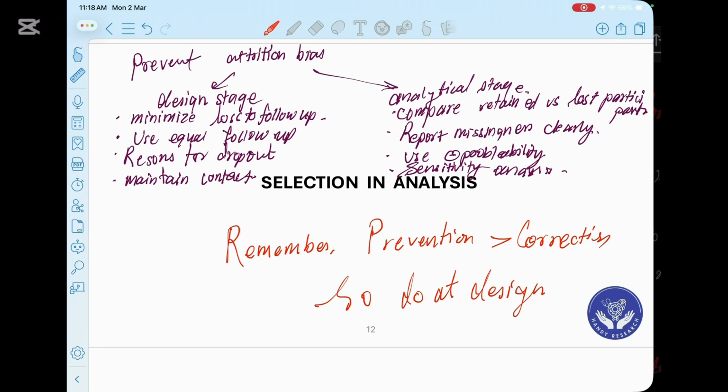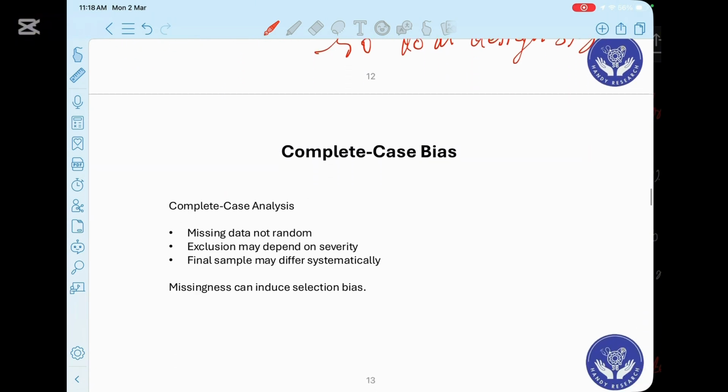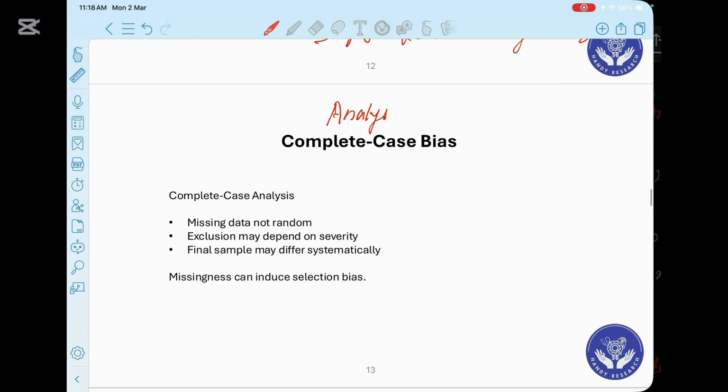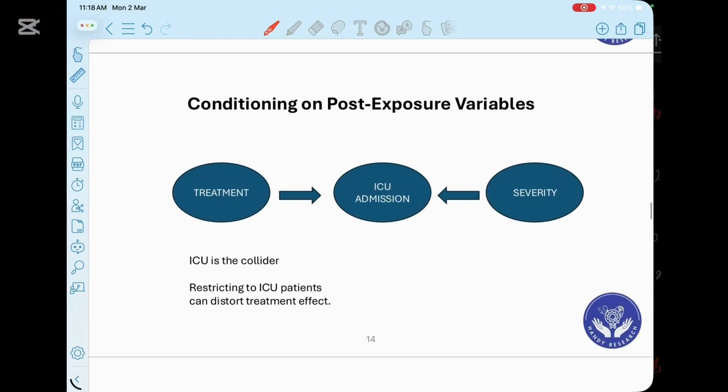Now, selection bias is also possible during analysis. Researchers often analyze only complete cases, but suppose missing data depends on disease severity. Now your analytical sample excludes sicker patients, and the exposure outcome association changes. Complete case analysis can introduce selection bias if missingness is not random. Selection bias is also possible when we condition on a post-exposure variable, which we already explained in the structure.